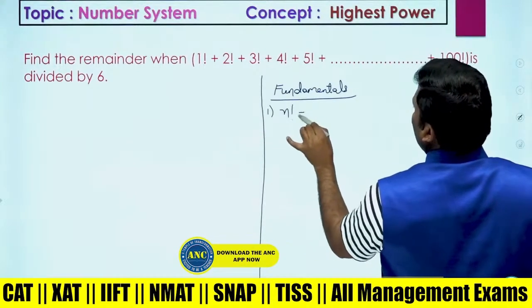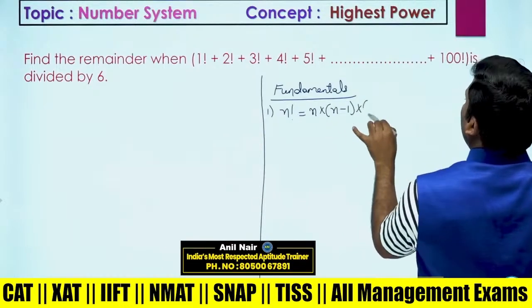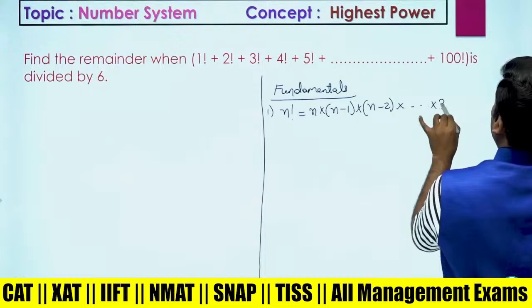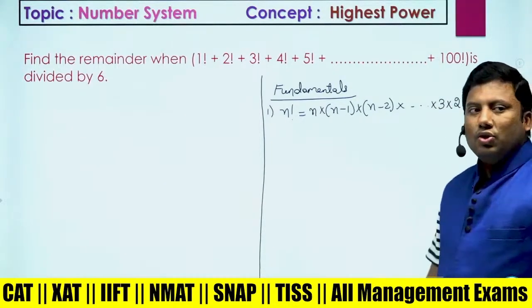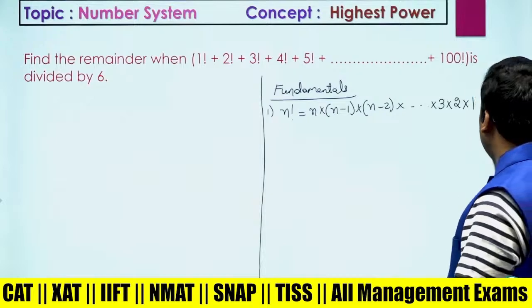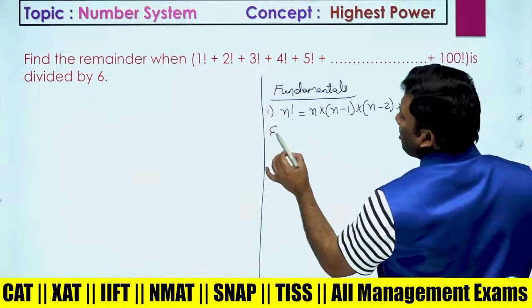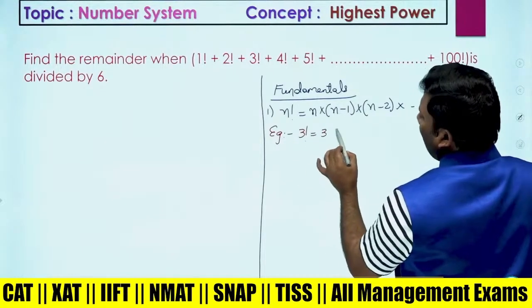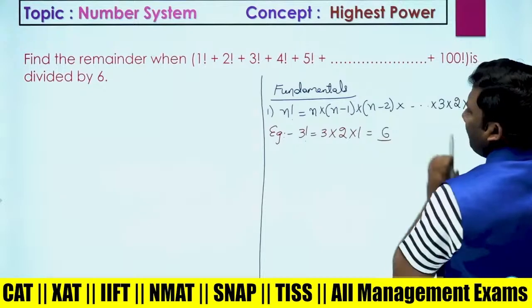N factorial is the product of all natural numbers from n to 1. N into n minus 1 into n minus 2, and so on up to 3 into 2 into 1. For example, I want 3 factorial. 3 factorial is 3 into 2 into 1, which is 6.